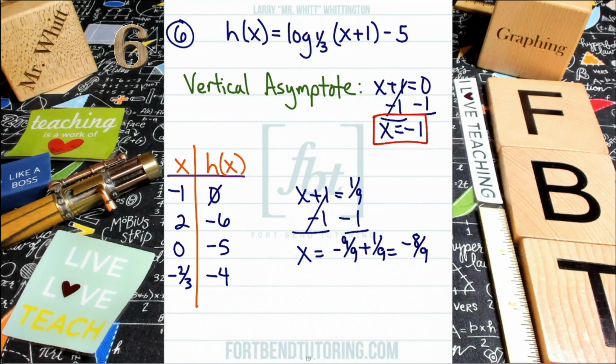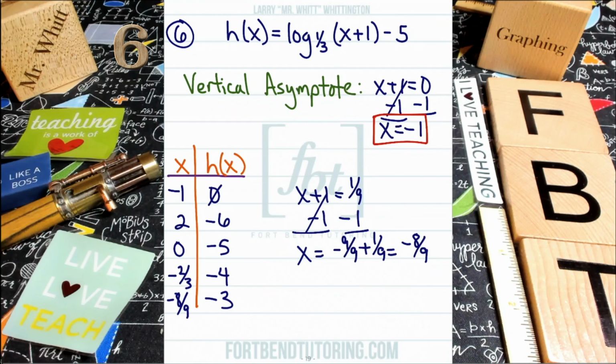It's -8/9 that you'll want to plug into the function to guarantee that the argument is your base squared, aka 1/9. Because it's squared, when you simplify, that logarithmic part of the equation is going to generate a value of 2. 2 minus 5 will give you -3 for your y value. And it's these points that you'll be able to use to graph your logarithmic function right here.